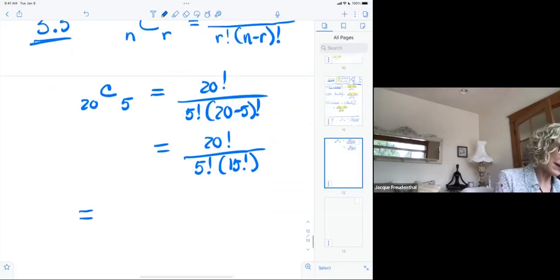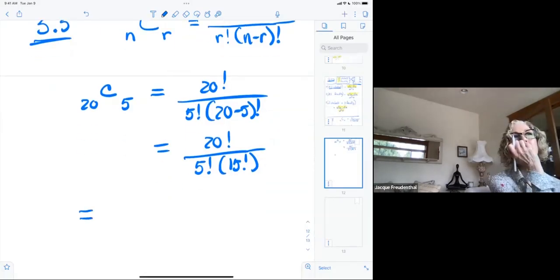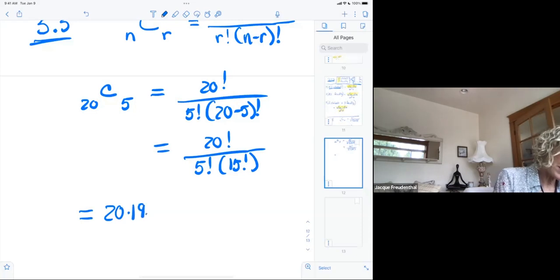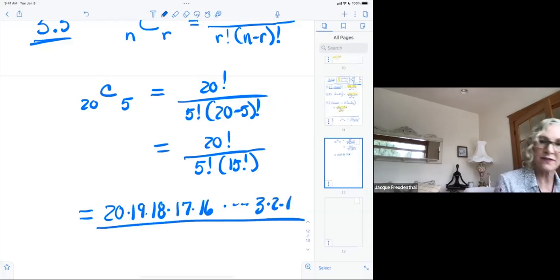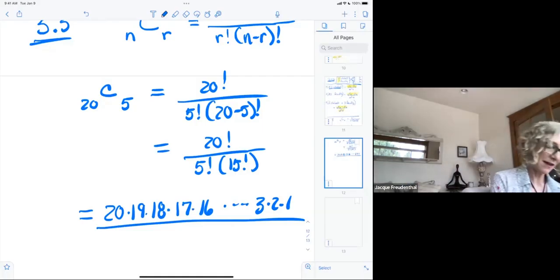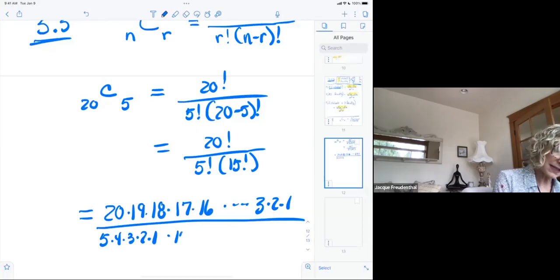If you remember, when we talked about factorial, I can't remember what Zoom meeting it was, but it was early on. Factorial means you start at that integer and you multiply it all the way down until you get to 1. So 20 factorial is 20 times 19 times 18 times 17 times 16, all the way to 1. 5 factorial is 5 times 4 times 3 times 2 times 1. 15 factorial would be 15 times 14 times 13 times 12 all the way down to 1.